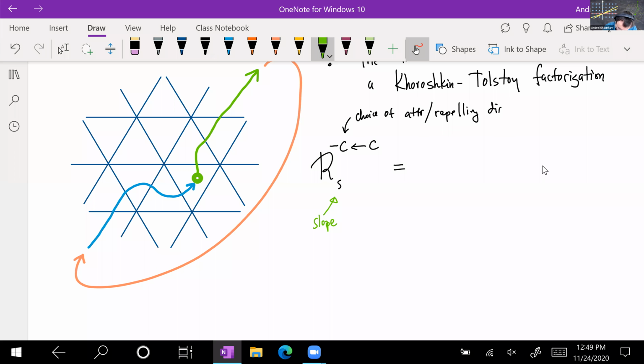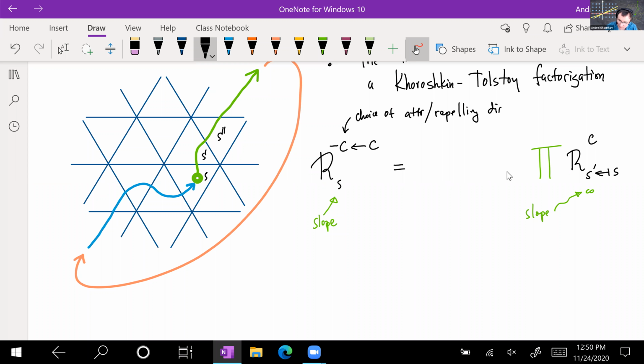So first there is a term where you go from your slope to infinity, and you multiply by the R matrices where you fix the attracting direction but you change the slope to a new slope. Means there's a slope, there's a next slope, there's a third slope, and so forth.